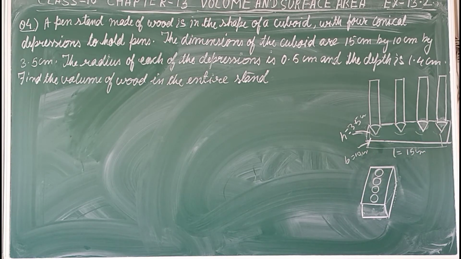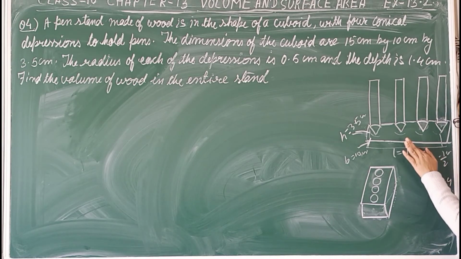Now the radius of each of the depressions is 0.5 centimeter. So if we talk about the conical part, the radius is given as 0.5 centimeter, that is half centimeter, and the depth is given as 1.4 centimeter, that is, I am writing over here h1 equals to 1.4 centimeter. So again I am making you understand the question.